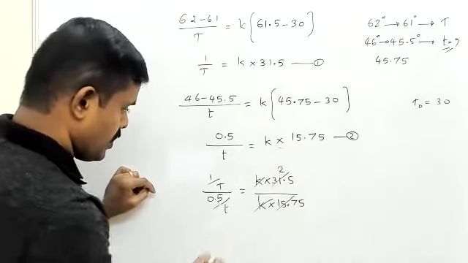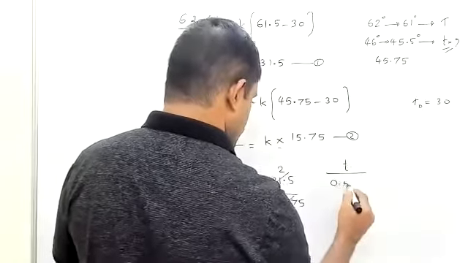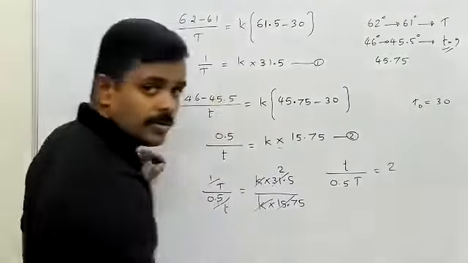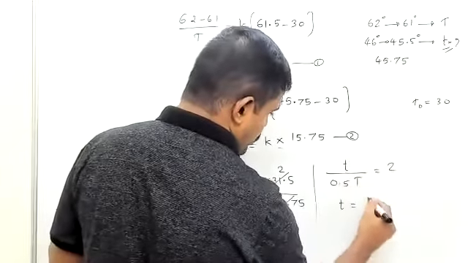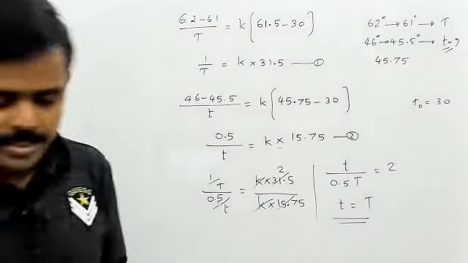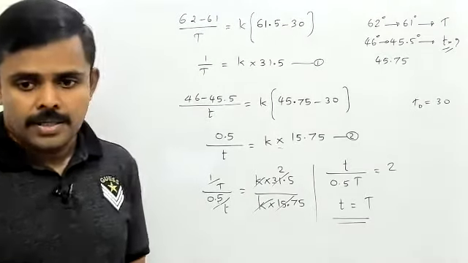Cross multiply: t divided by 0.5 T is equal to 2. So small t is equal to 2 into 0.5 T, that is capital T. So the answer is T minutes. Answer is option B.